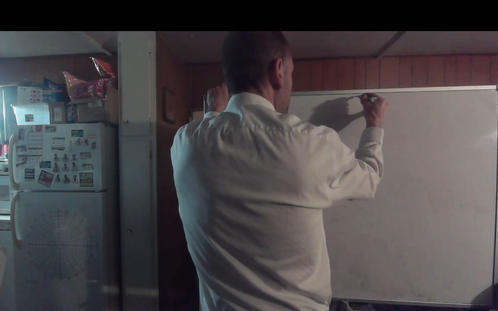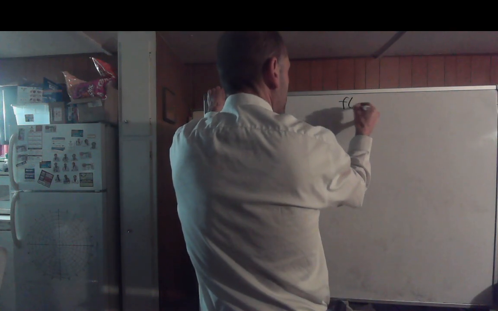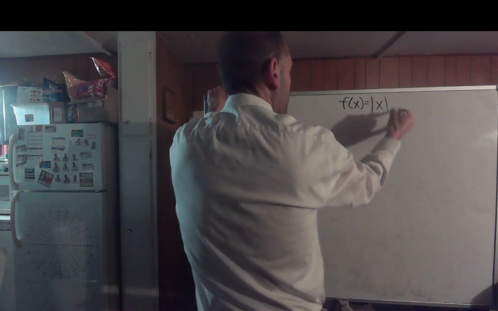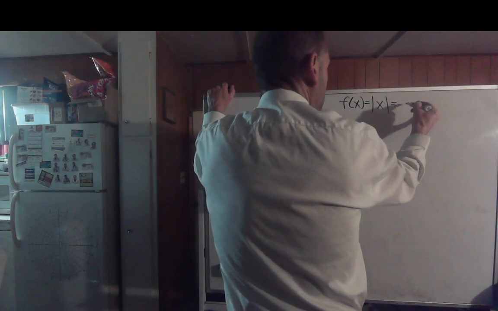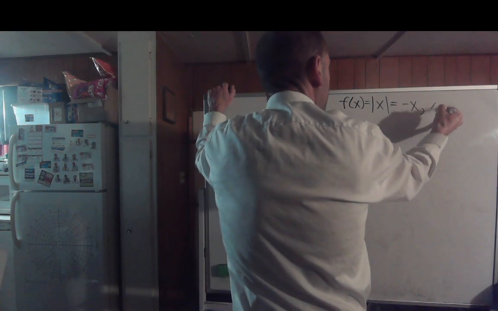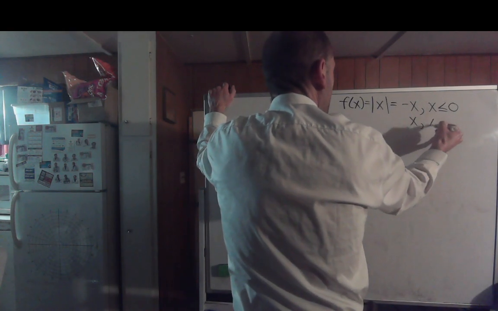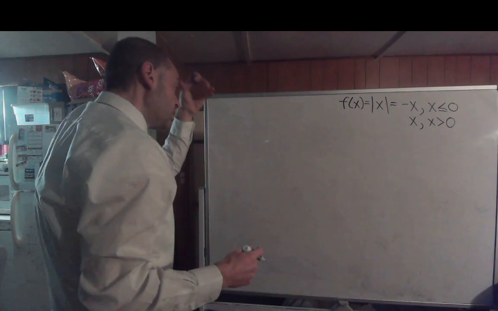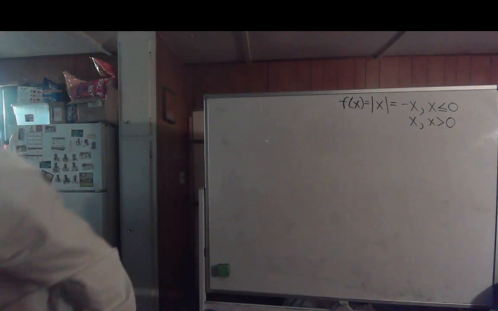So I'm going to go ahead preliminarily and define the absolute value function for f of x equals the absolute value of x as a piecewise function. So that would be equal to negative x when x is less than or equal to 0, and then positive x when x is greater than 0. All right, so what are these next two limit problems?